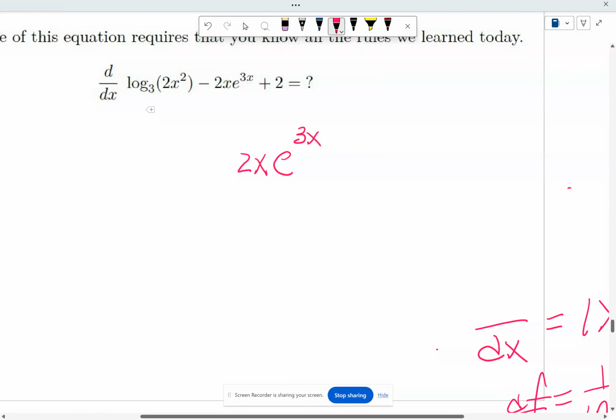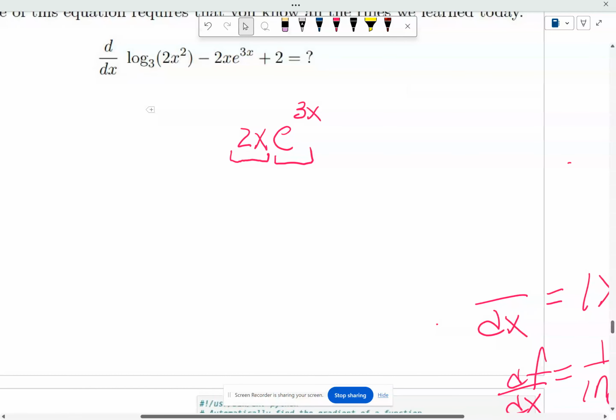Okay, this is harder. What we could do is use the product rule. So we take the derivative of this, which is 2, times this. So this is a of x, and this is b of x. The derivative of a times e to the 3x, and then plus a times the derivative of b.